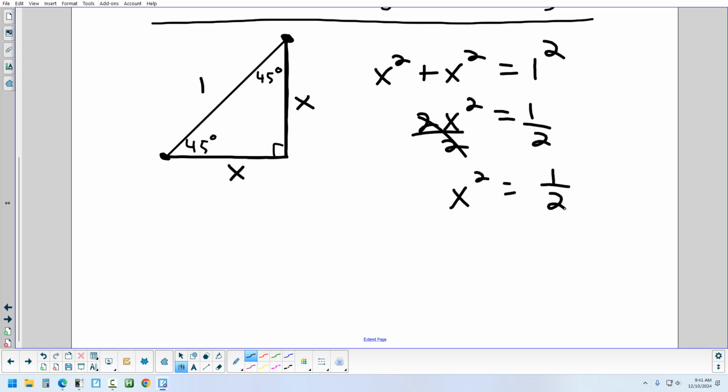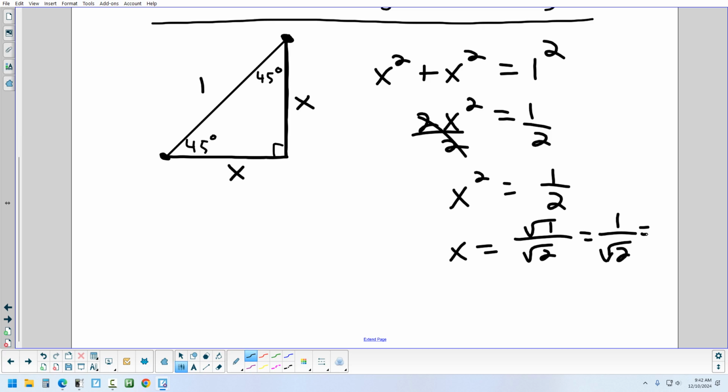And when you take the square root of a fraction, you do the top and the bottom separate. What's the square root of 1? Square root of 1 is 1. But we can't leave that like that.